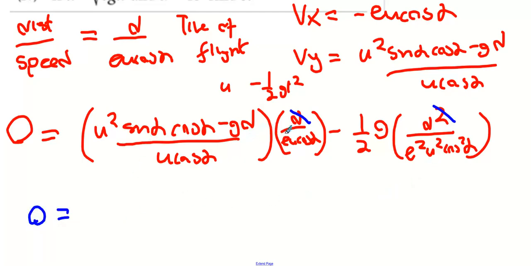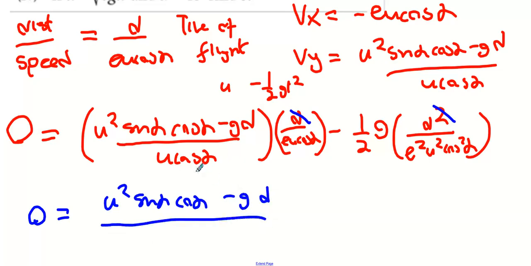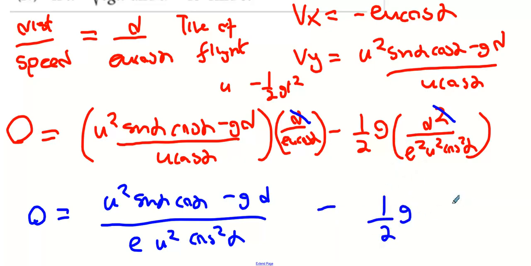So that's going to be u squared sine alpha cos alpha minus gd all over e u squared cos squared alpha. And then on the bottom here is going to be a half g d. I'm going to put it as one fraction.